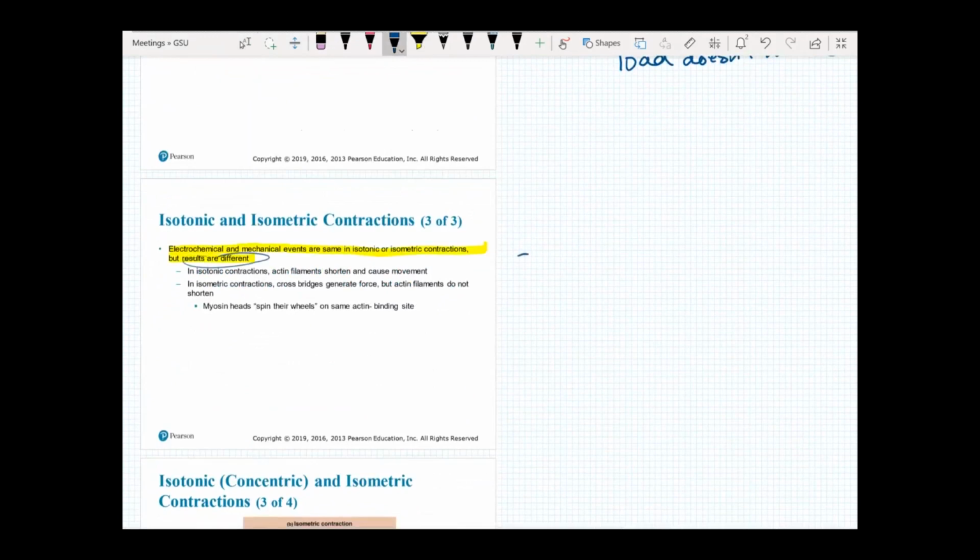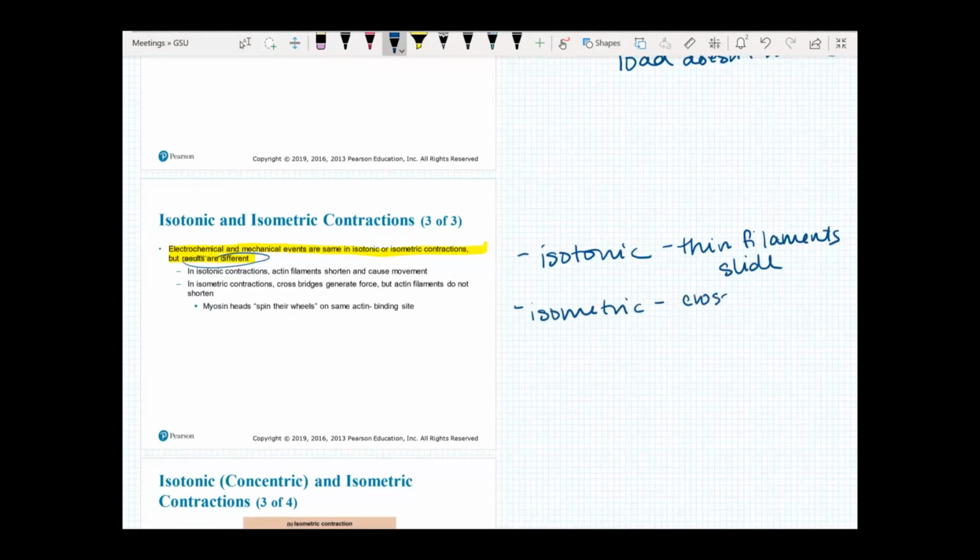So in an isotonic contraction, the thin filaments are sliding over the thick. You are getting essentially that cross-bridge cycling premise. However, when you have the isometric, you're going to have the cross-bridge form. Your actin and your myosin will connect. You will have tension, but there will be no filament movement.